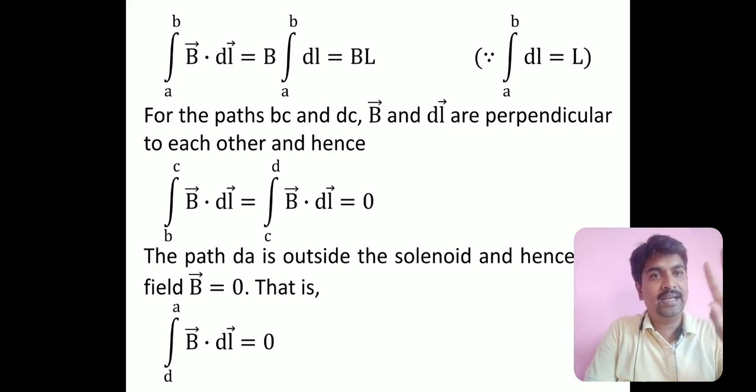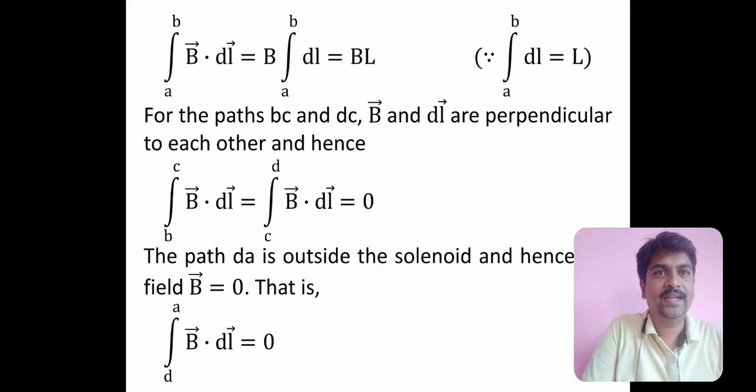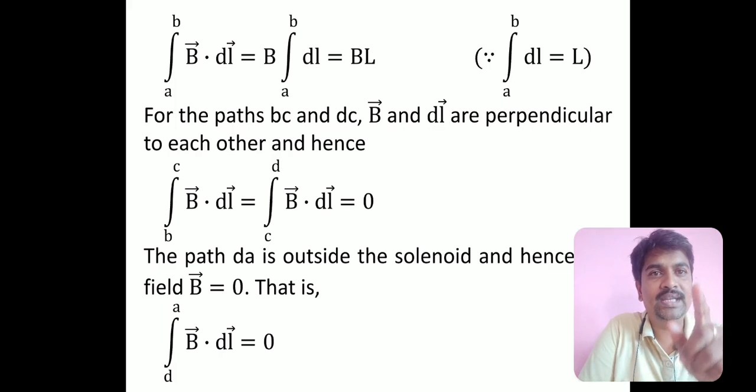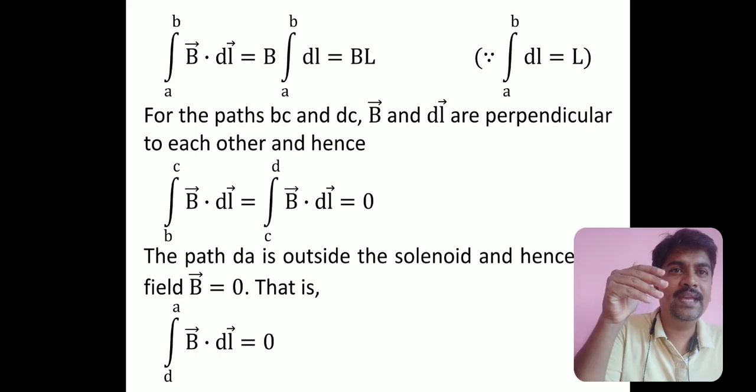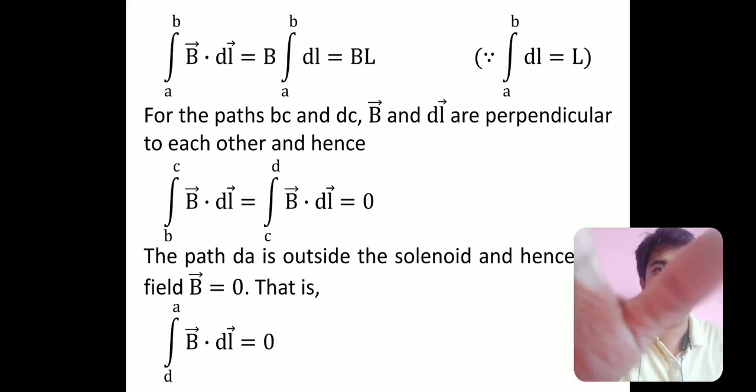Still I need to calculate the three integrals: one from B to C, C to D, and another from D to A. Now I'll take these two integrals, B to C and D to A, and analyze them. Here B and dl are perpendicular to each other.